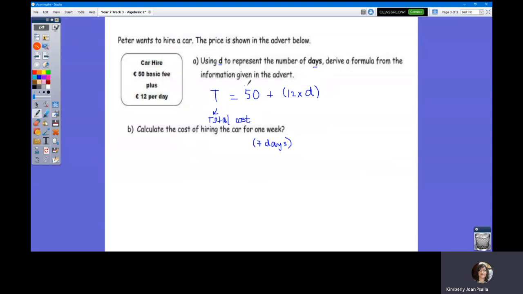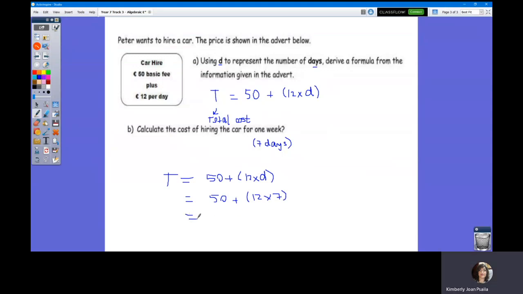Using our formula, T equals 50 plus 12 times D. We're going to substitute D with 7 because we know that we have 7 days. So 50 plus 12 times 7.